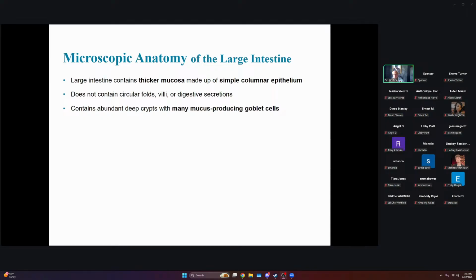Because it is thicker and drier waste that now has to be moved through the segments of the large intestine and excreted from the body, we need help, okay? Peristalsis still needs to be effective. We still need to move this waste product, okay?